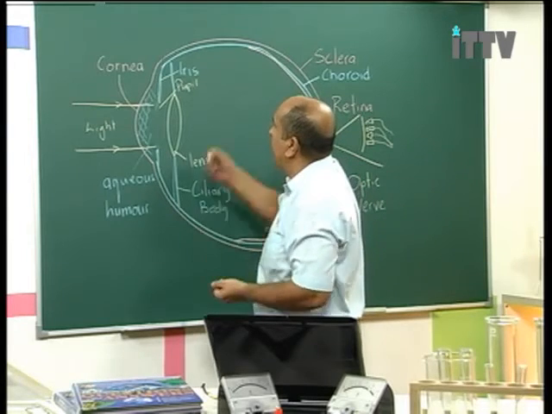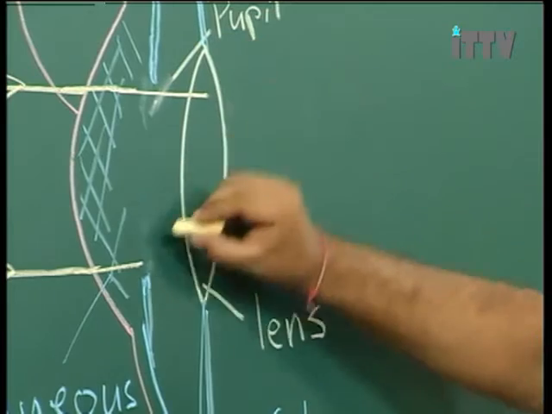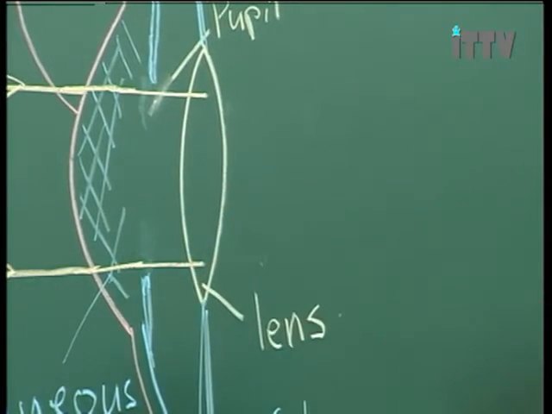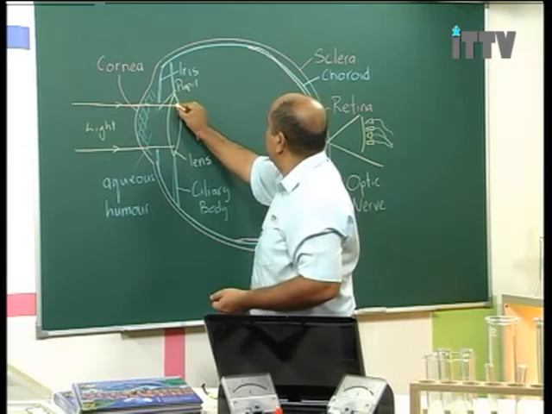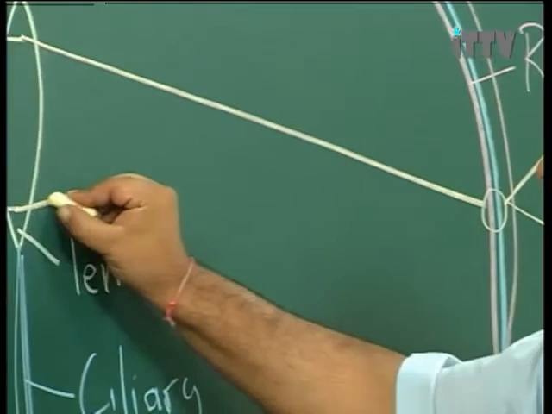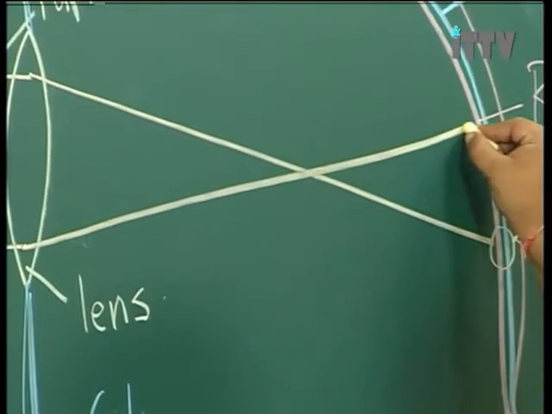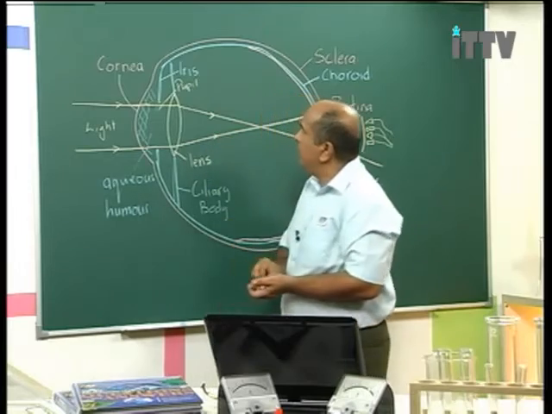So let's continue with our light. As our light travels, now it will hit the lens, and the lens will start to focus this light towards the retina. So one ray gets sent downwards, and the other ray gets sent upwards, like so. Okay?